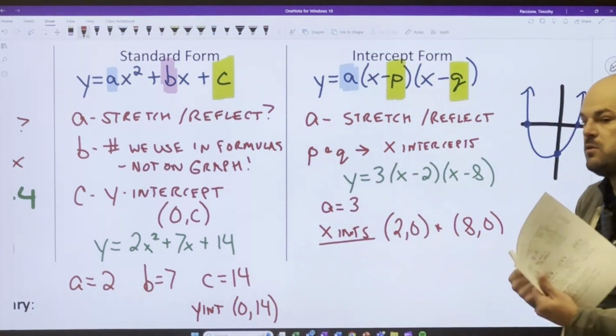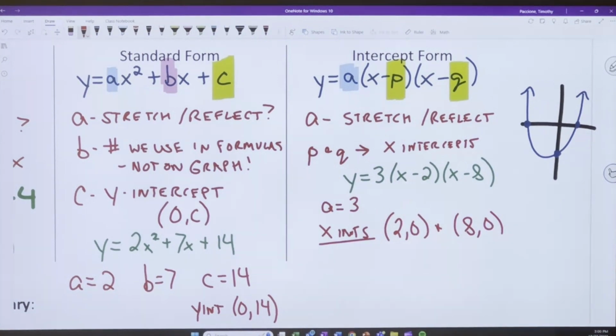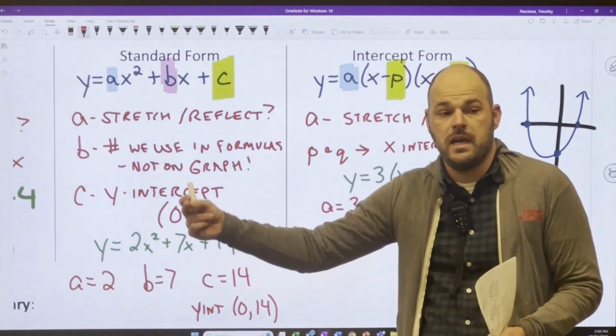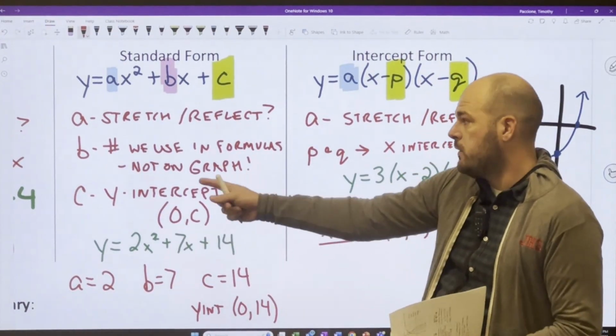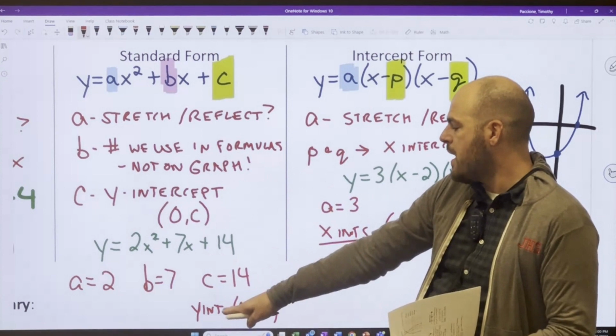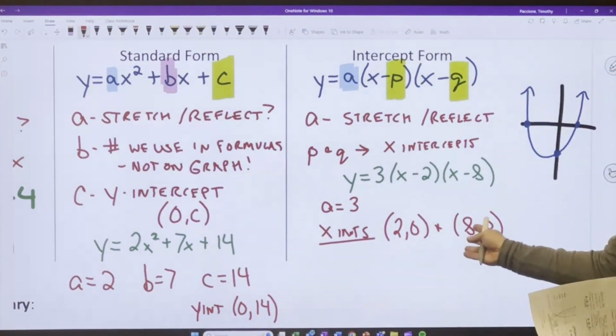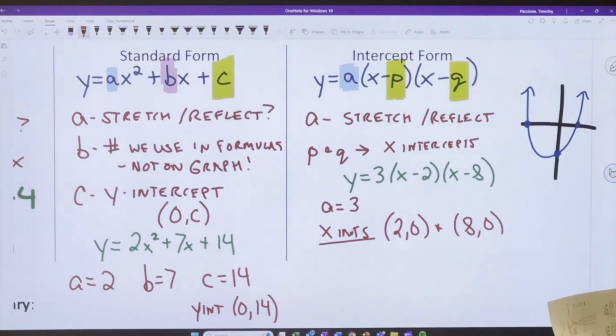So that would give you some points on the graph that way, right? So each form gives you a little bit. The first one gives you a lot, the vertex and your stretch. They all give you your stretch. The next one will give you your y-intercept, and it's going to require a little more work to graph. And then the last one gives you your stretch and 2 points for your x-intercepts. Okay? So you get those three forms.